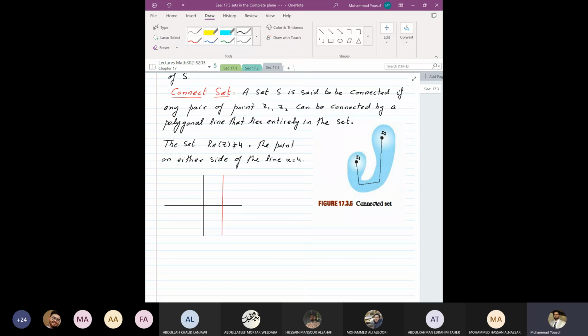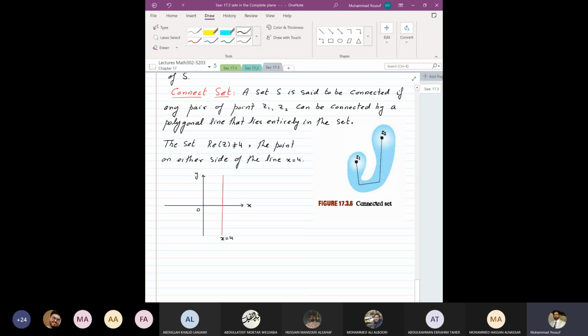So here this is the origin, real axis, imaginary axis, and this line is x equal to 4.